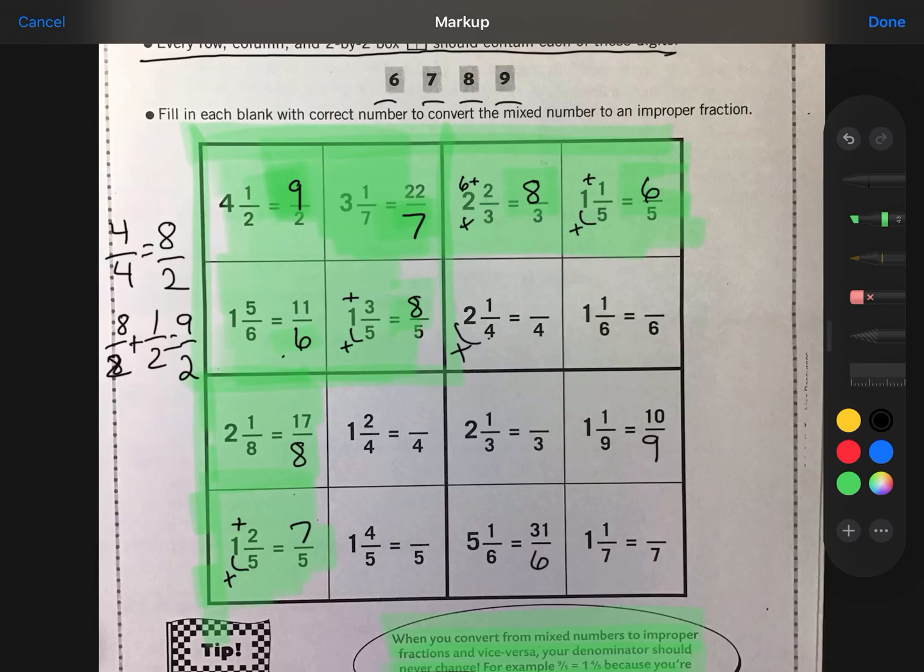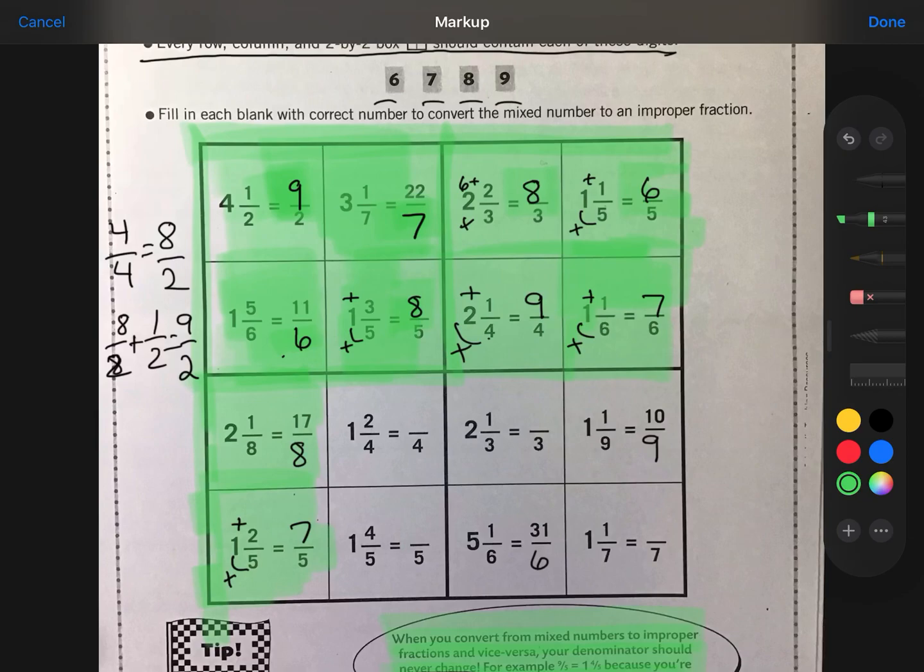4 times 2 is 8, and 8 plus 1 is 9. So the numerator is 9. 2 1/4 is the same as 9/4. 6 times 1 is 6, plus 1 is 7. You get 7/6. So we have 6, 7, 8, and 9.